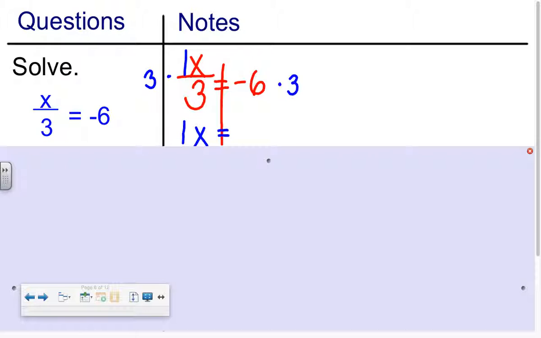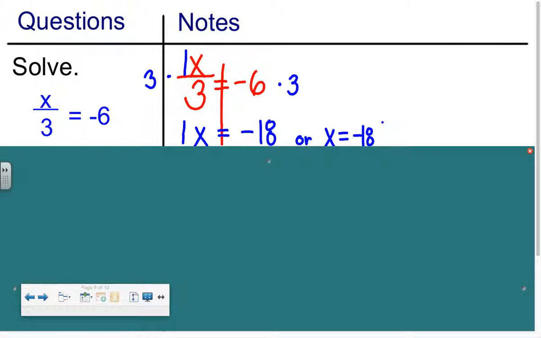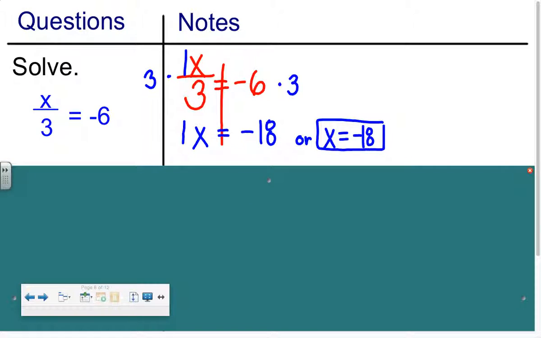Negative 6 times 3 is negative 18. And again, we really don't need that 1 in there, so you can just write x equals negative 18. If I went back and checked my answer, negative 18 divided by 3 is negative 6, so that is correct.